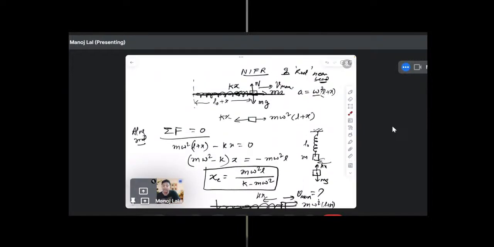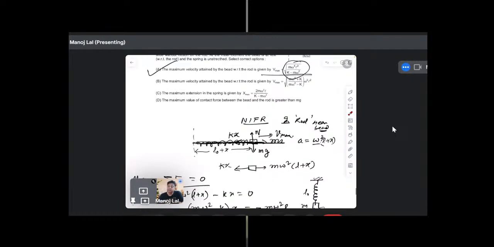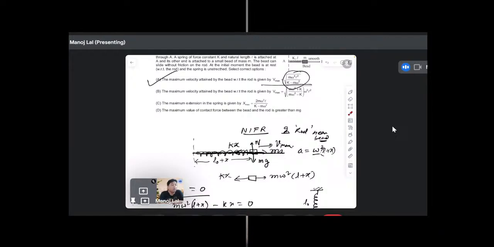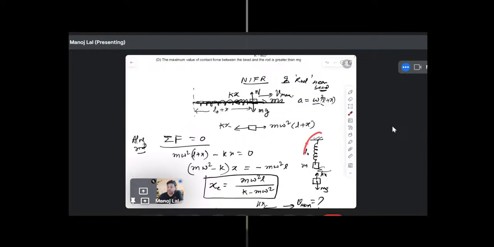And then there are some other parts of this question, that is, when there will be maximum elongation, what will be the value of maximum elongation? Again, I can say you just compare with the basic question. If in this question the elongation in equilibrium is mg by k, then maximum elongation is 2 mg by k, if it started from rest.